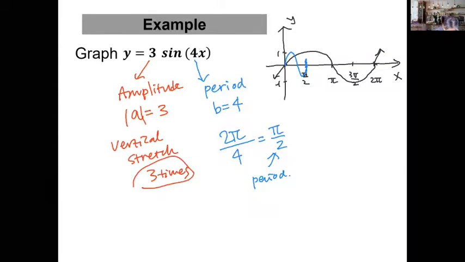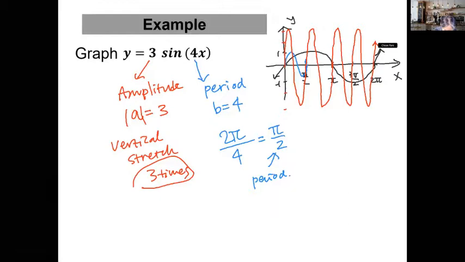So it's not going 1 and negative 1, but it has to be 2, 3, and then negative 1, negative 2, negative 3. It fits the new period pi over 2. That means I will have another repetition within the next pi over 2, and another within the next pi over 2, and then I can simply put an extension with arrows and I'm done.